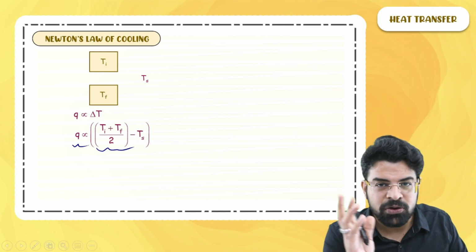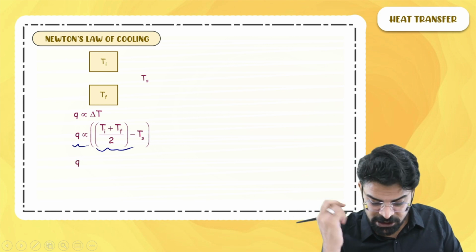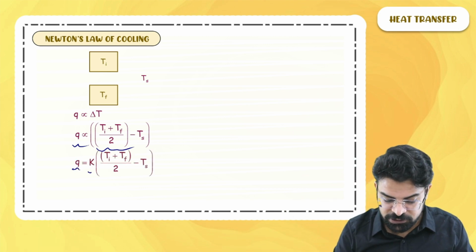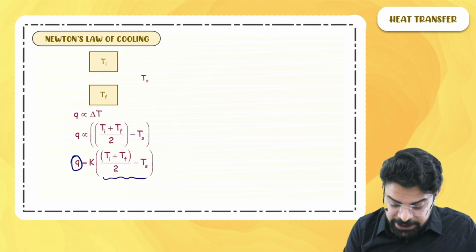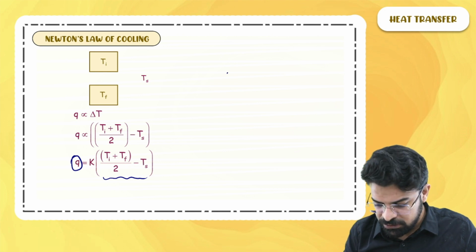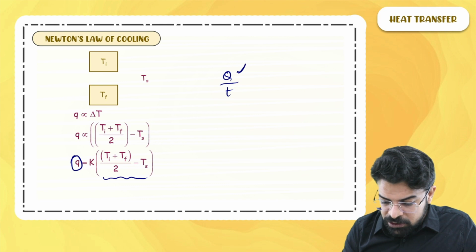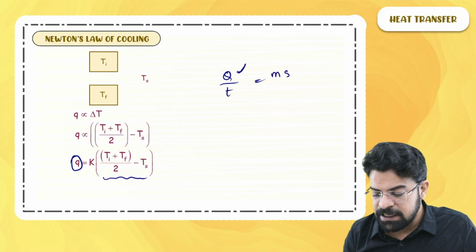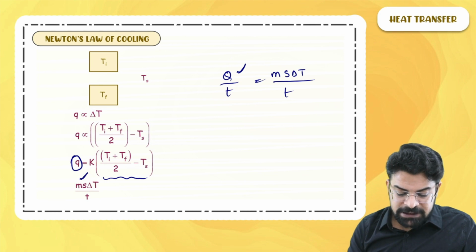Now, since we know proportionality, what do we do? We place a proportionality constant. So here we say the rate of heat flow equals K times the average temperature difference. Now this Q represents what? The rate of heat flow, so the total heat flow upon the total time taken. And you can write the total heat flow as mass times specific heat times delta T, so you can write m s delta T by t.